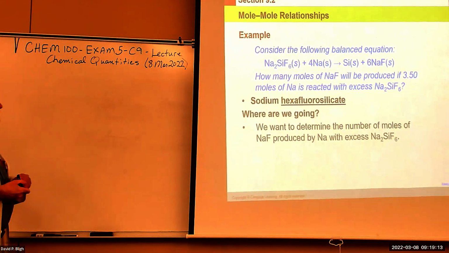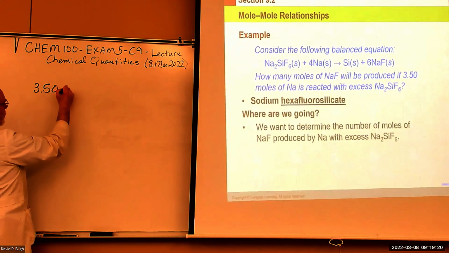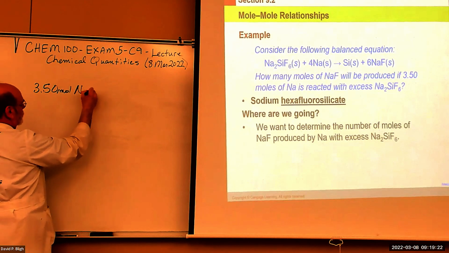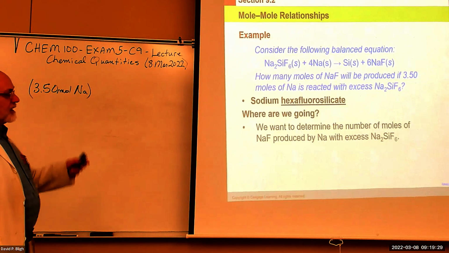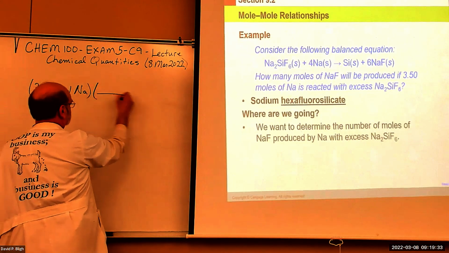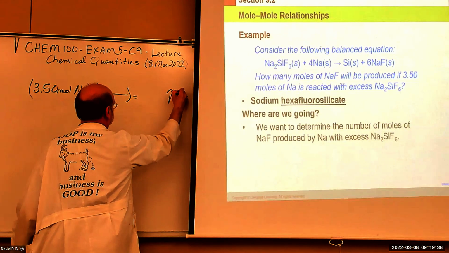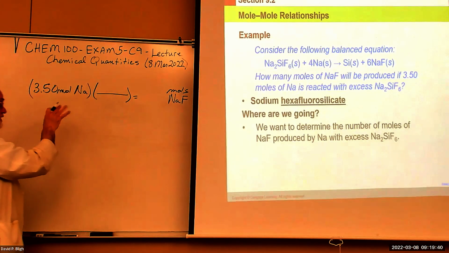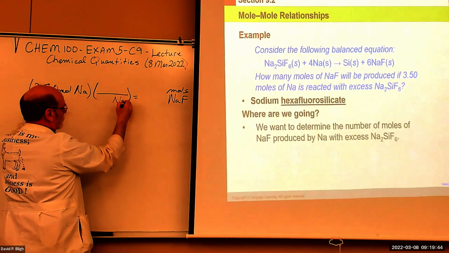So where are we at? We're given 3.5 moles of sodium. Okay? And where do we want to go? We want to find out how many moles of sodium fluoride are produced. So we need a conversion factor. We need to cancel moles of sodium.